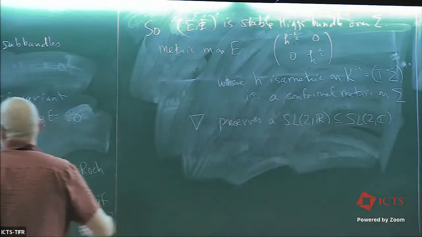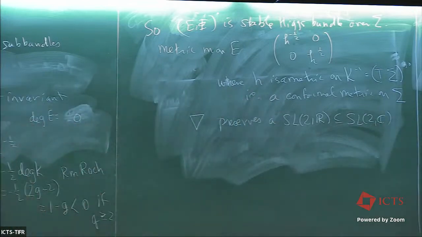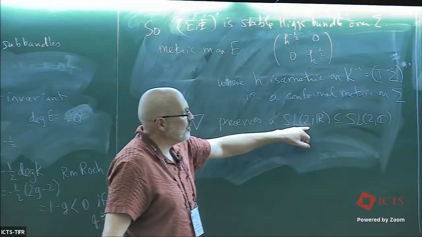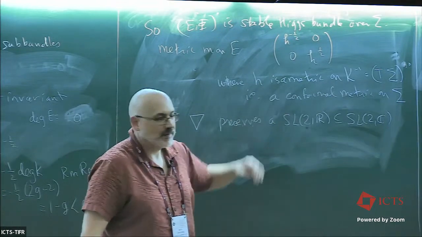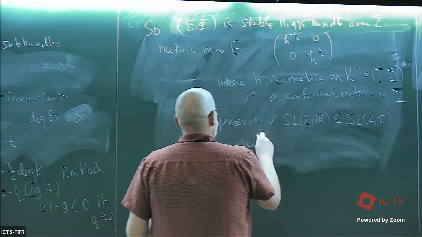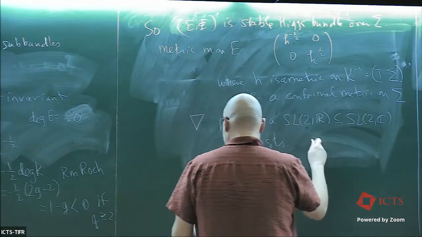Okay? So this is a rank 2 complex bundle. You would get SL2R. The one thing that's a little bit tricky is that the real structure here is not quite just taking the bar. There's another; the real structure on the Lie algebra would be something like this.